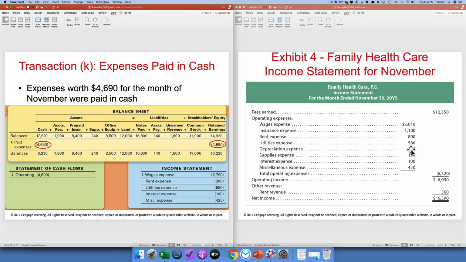But we had rent expense of $800, utilities expense of $580, interest expense of $100, and miscellaneous expenses of $420. Most of these show up right over here on this income statement, except that wages have to be adjusted for the work that the employees have done but not yet been paid for.